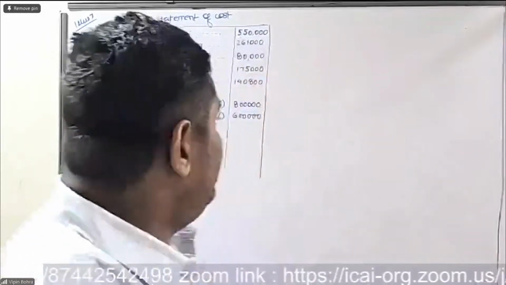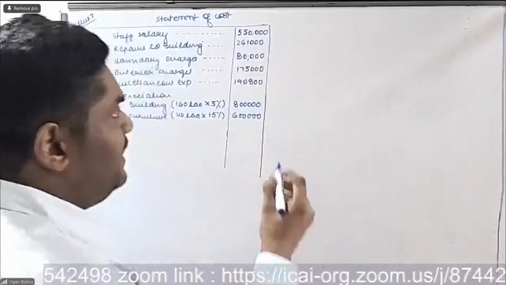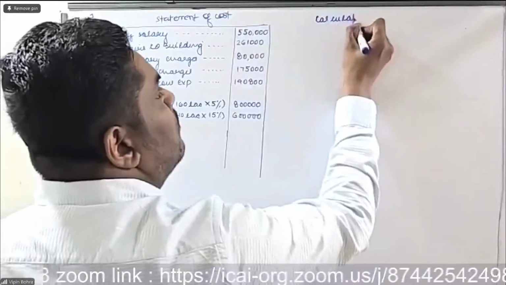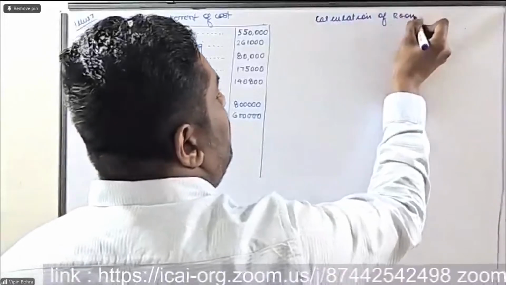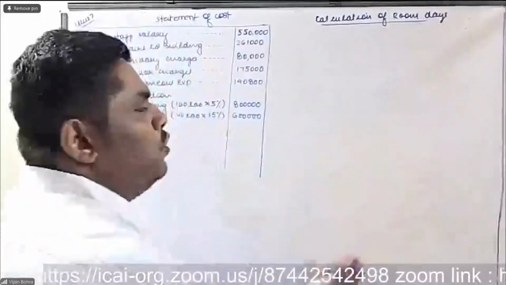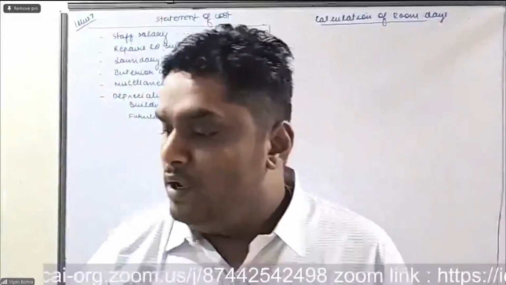So in the hotel industry, we will be calculating the room days. Room days means the total number of rooms occupied during a year.